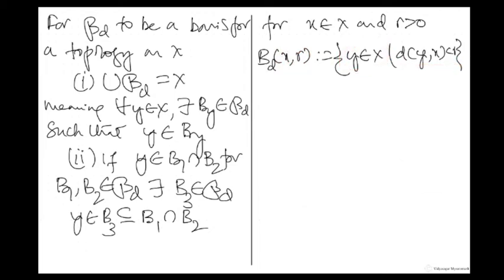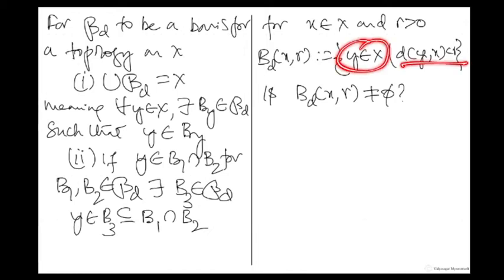That is, is B_d(x, r), an open ball of radius r centered at x, non-empty? So is there a point y in X whose distance from x is less than r, where r is some positive real number?